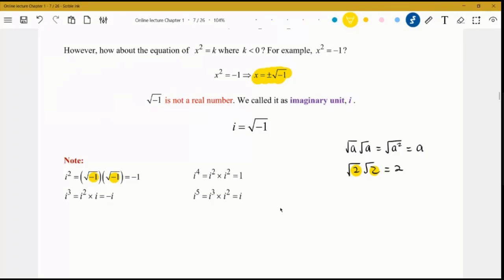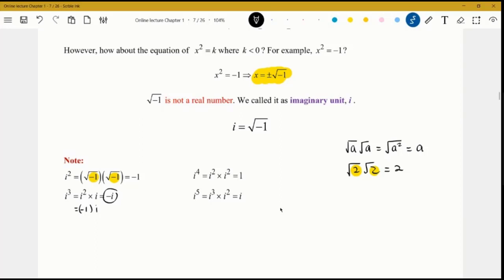So kalau i cube, kita boleh split dia menjadi i square darab dengan single i. Kita tahu i square adalah negative 1, negative 1 darab dengan i, dia akan end up dengan negative i. Okay, the same thing for i to the power of 4. We split it to be i square and i square.